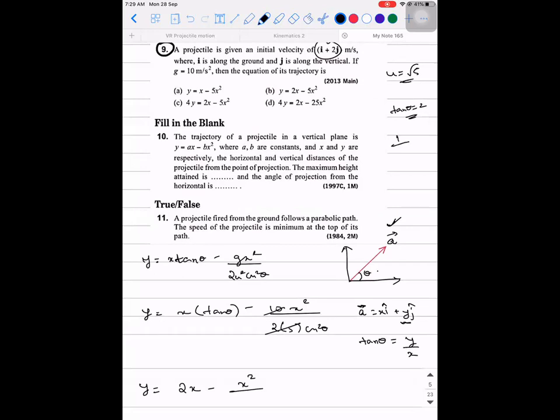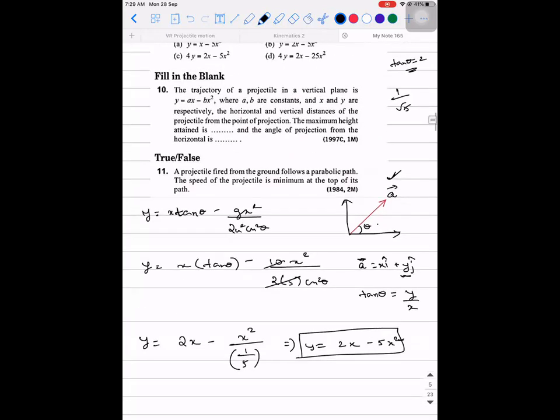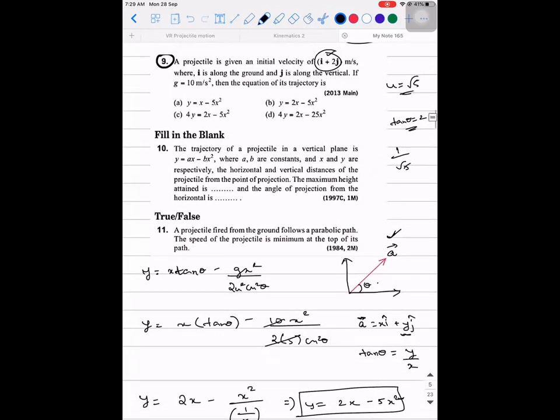Tan theta is 2, cos theta is 1 by root 5. Accepted? So when you write cos square theta, it will be 1 by 5. So what will be the answer? y is equal to 2x minus 5x square. Is there an option like this? So it's the same story but asked in a different way. I hope it is clear.